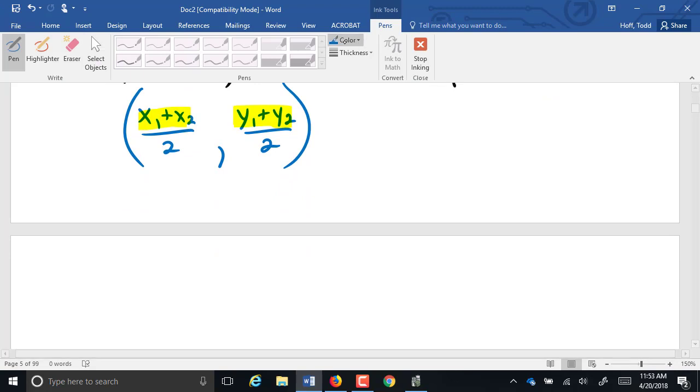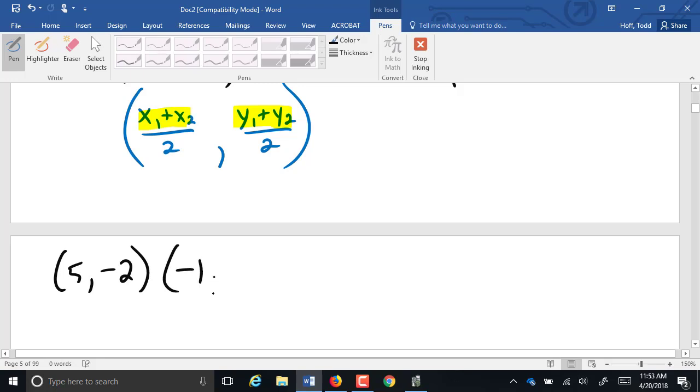So if we have 2 points, we are asked to find the midpoint. Let's say I give you 5, -2, and -1, -12. To find the midpoint, we'll label these points A and B as their endpoints.